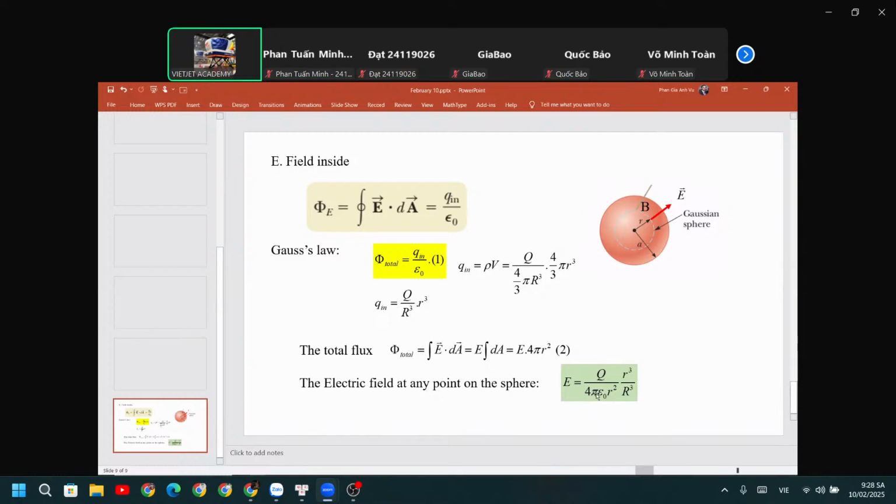Again, you get the ke, but now you can cancel one r from here against r squared.